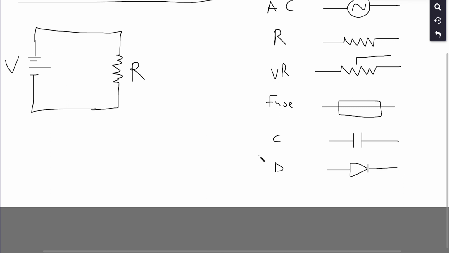And then lastly, a transistor can be represented as this. This is supposed to be a triangle.